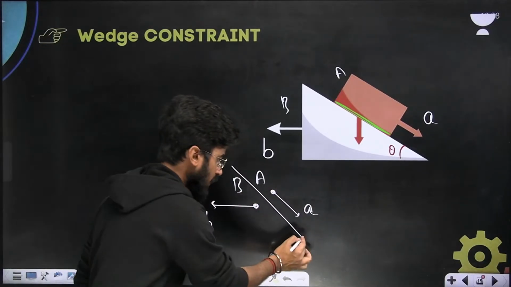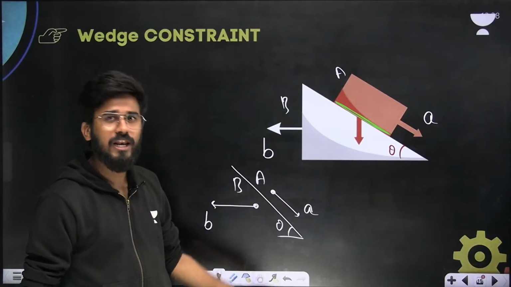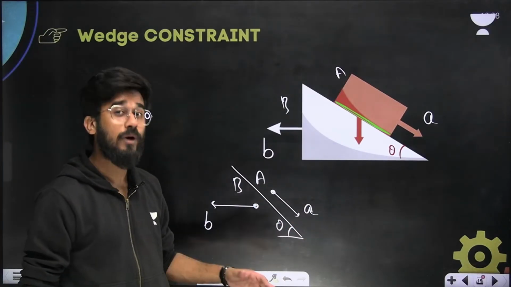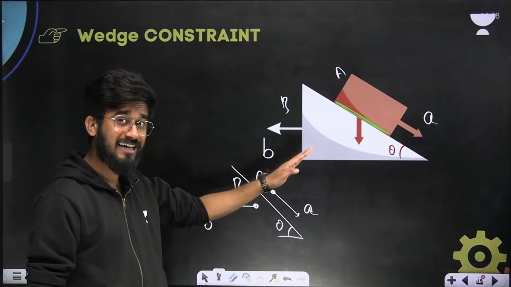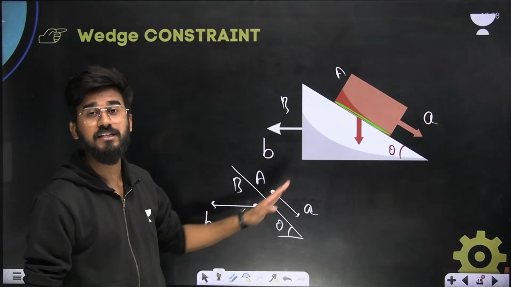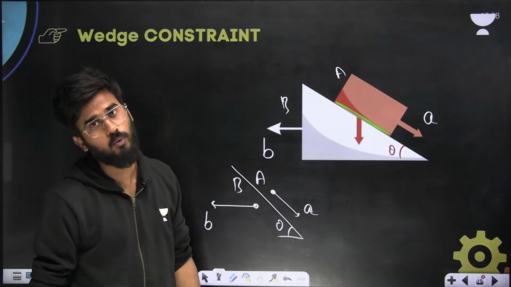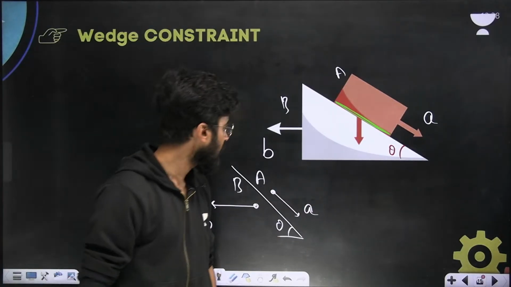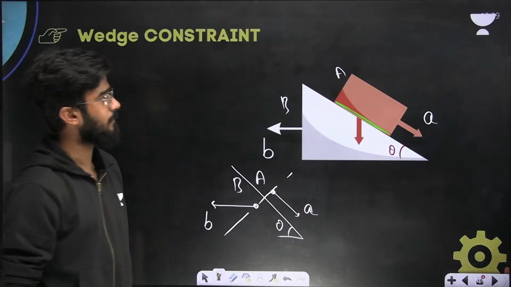No. One thing we know, this angle is theta. So what we can say is that the velocities along the perpendicular to the surface will be equal. It means we'll just draw a perpendicular here. Got it?